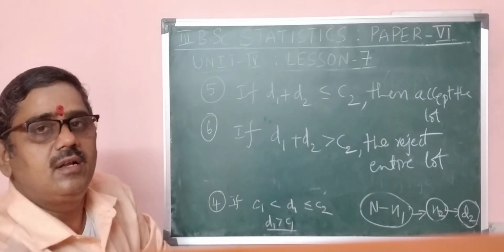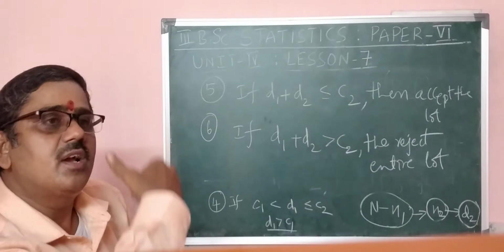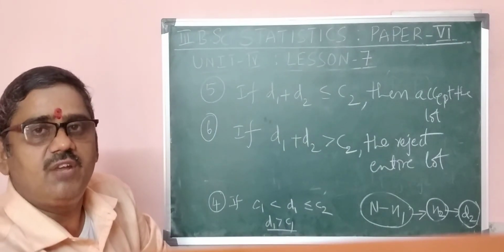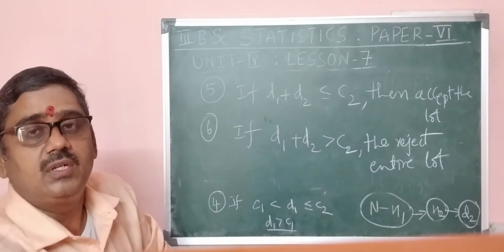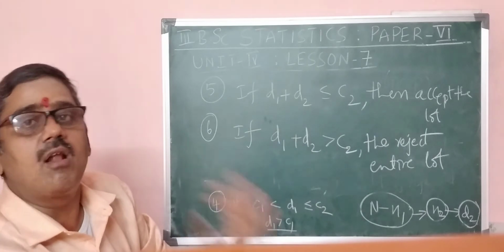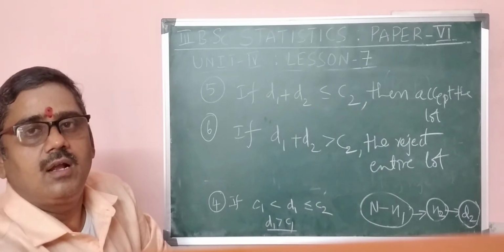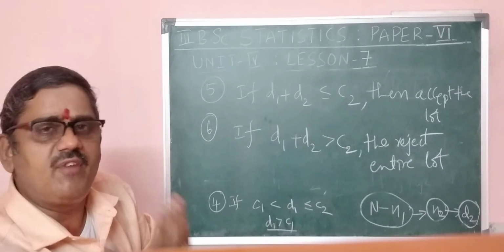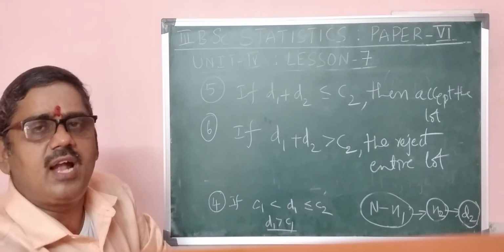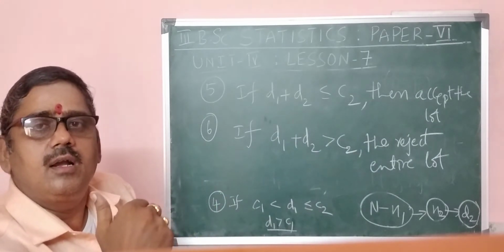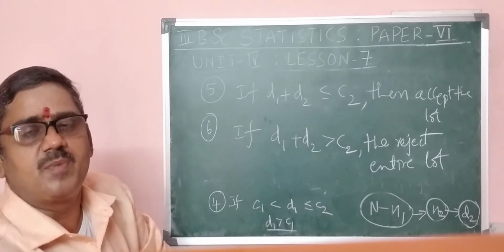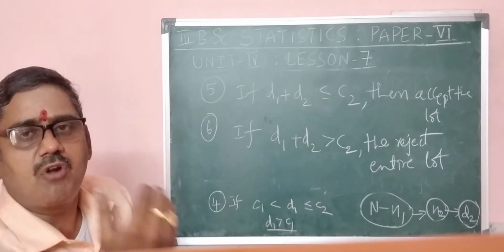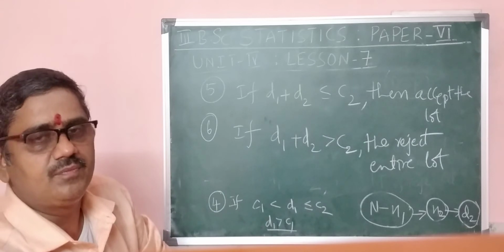Third, if D1 is greater than C2, then reject the entire lot by replacing defectives with non-defectives, and it is the time for calling the 100% inspection. Then we have to go for 100% inspection.